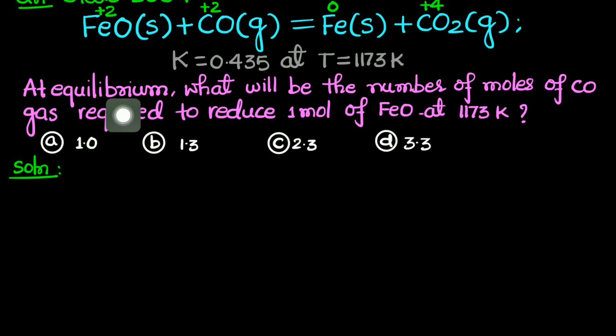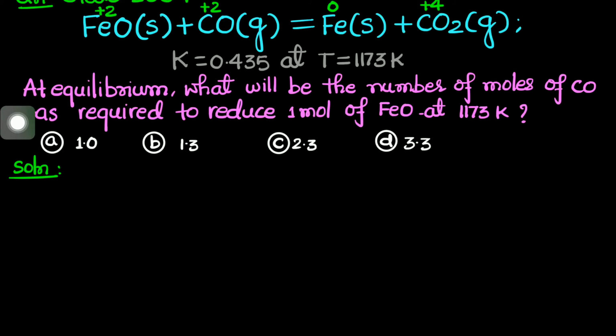Now, at equilibrium, what will be the number of moles of carbon monoxide gas required to reduce 1 mole of FeO at 1173 Kelvin? So in this question we have to calculate the number of moles of carbon monoxide that is required to reduce 1 mole of iron(II) oxide to iron at the same temperature.